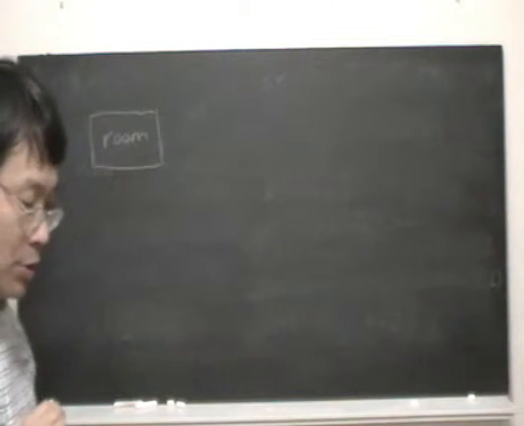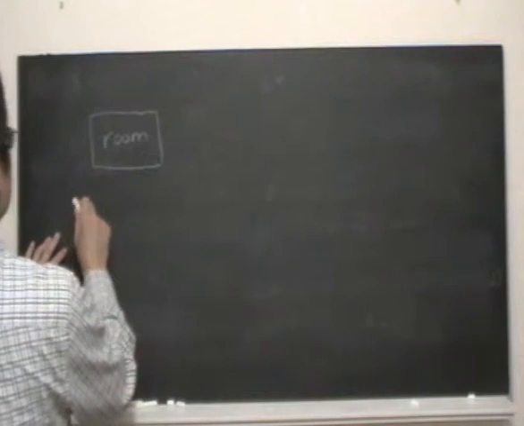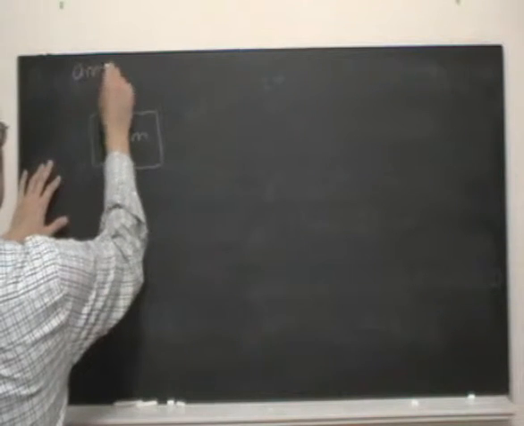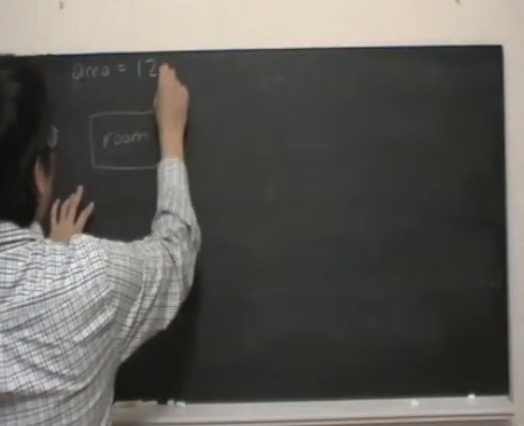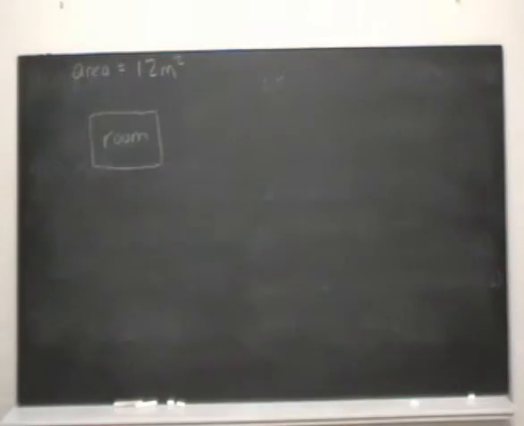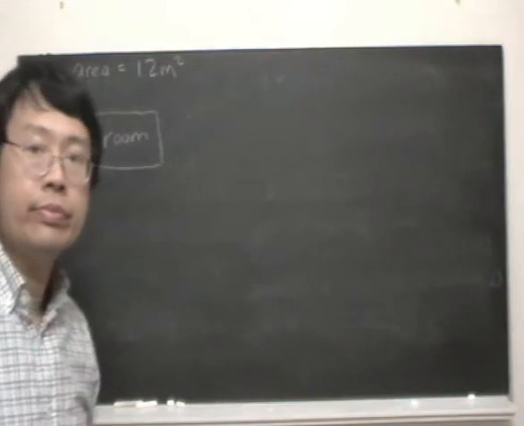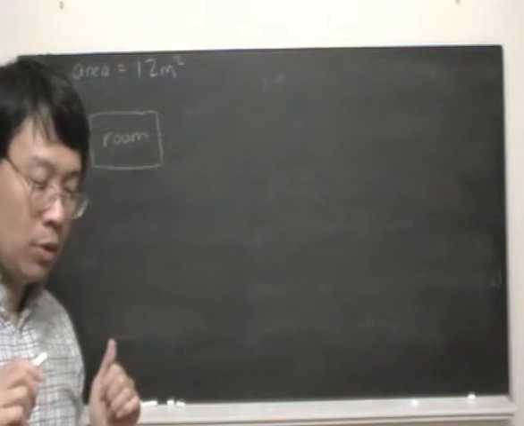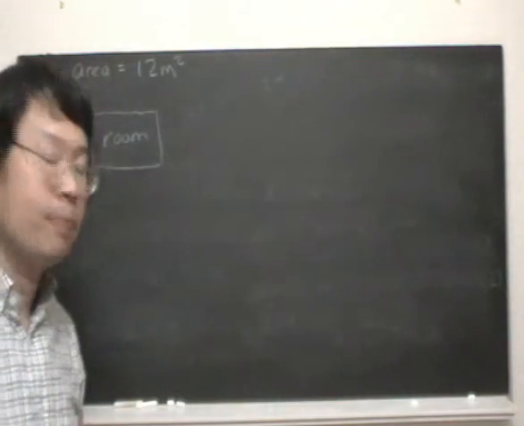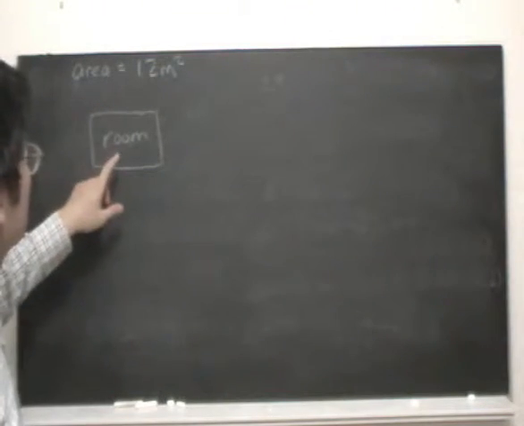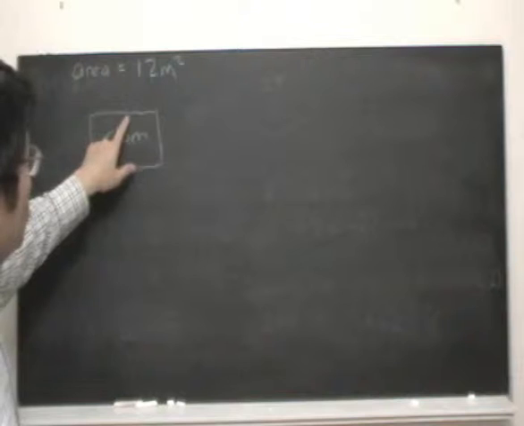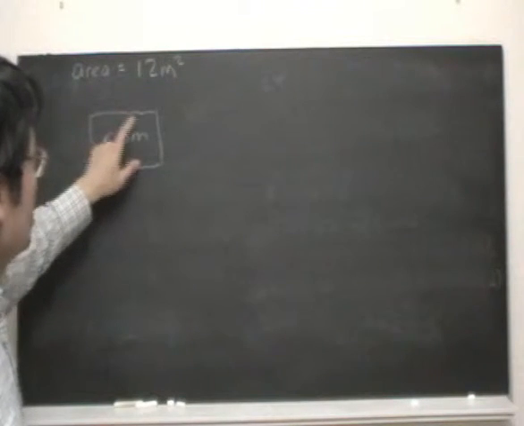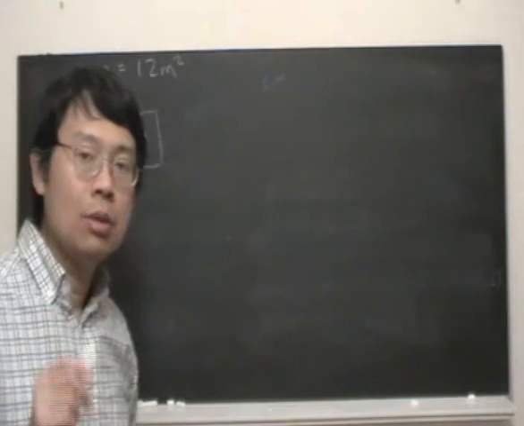We have a rectangular room. Now we are given that the area is 12 meter squared. We are also given that one side is longer than the other side by 1 meter.